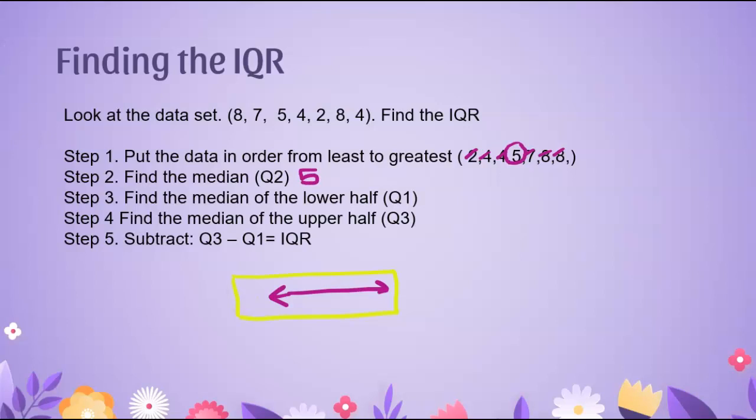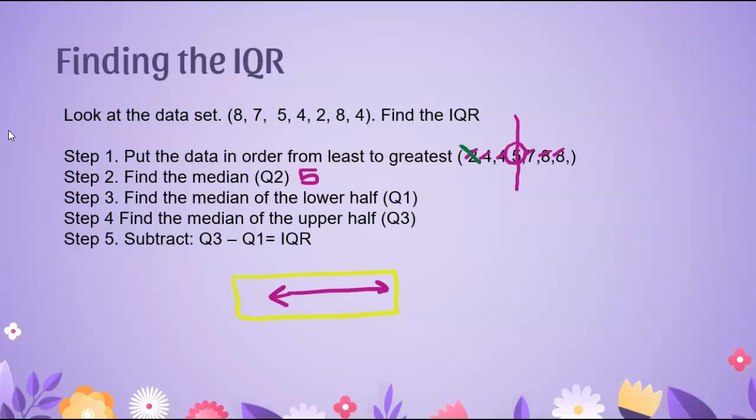Okay? Now that we have divided the data into two parts, the lower and the upper part, we have to find the median of both of those parts. So again, we're going to slash. I'm going to use a different color, green, to show you the second time we slash.